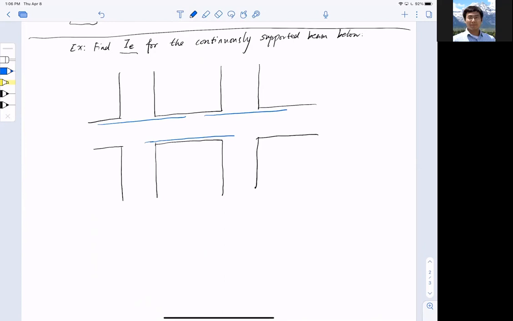The reason I have such a configuration is that at the support I have negative bending moment, so I put bars at the top to resist the tensile forces. For this, I provided 4 number 9 and 1 number 11, so 5 bars in total. Same thing here, 4 number 9 and 1 number 11 bar.